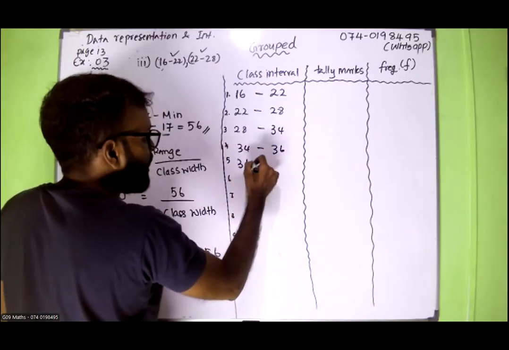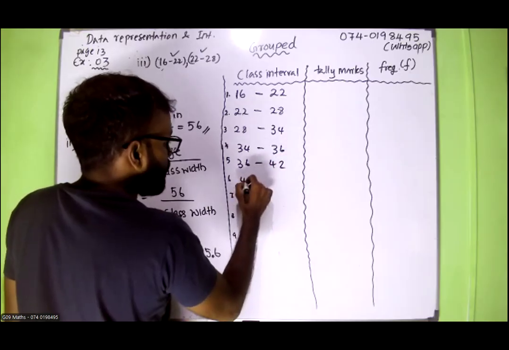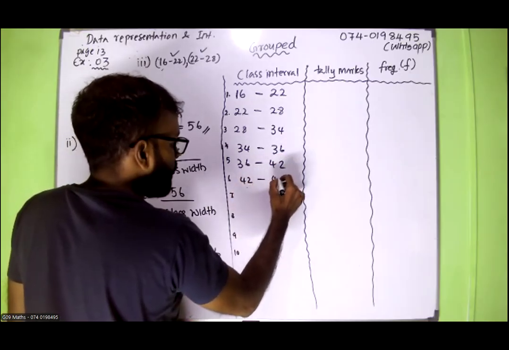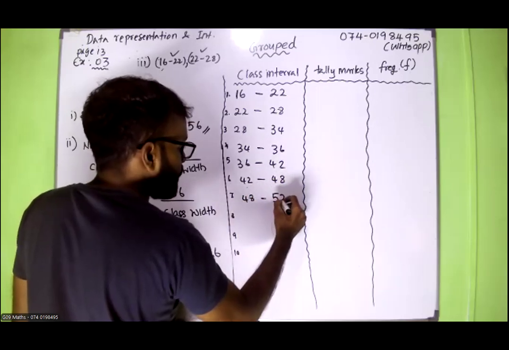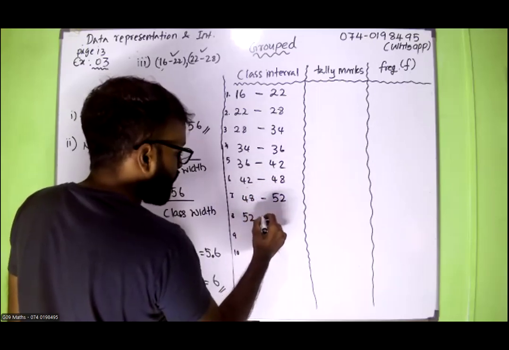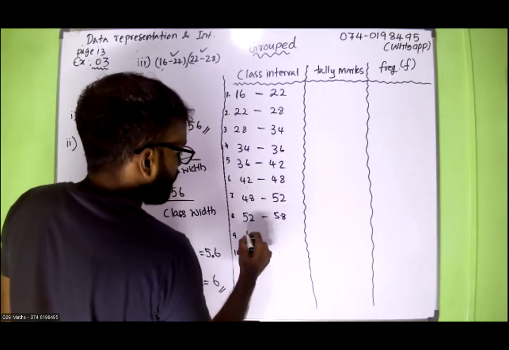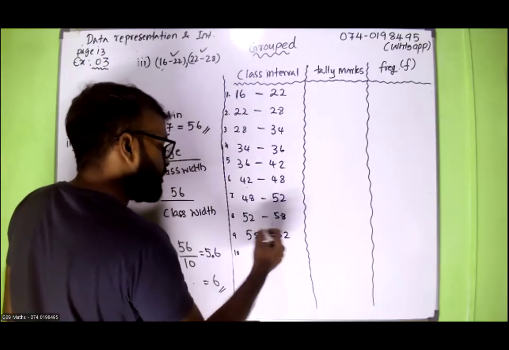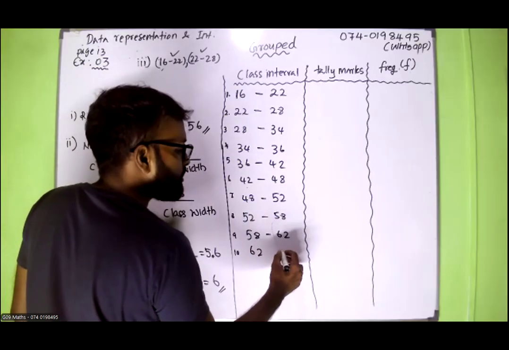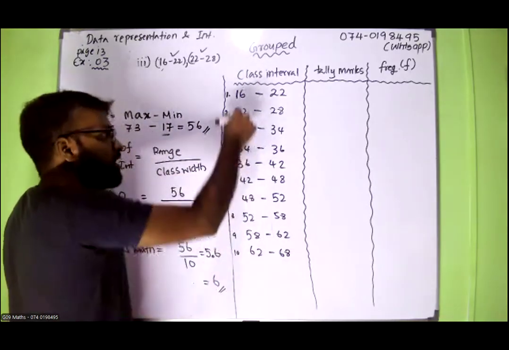Starting from 40, add 6, 46. 46 plus 6, 52. 52 plus 6, 58. 58 plus 6, 64. 64 plus 6, 70. So 10 class intervals have been done.